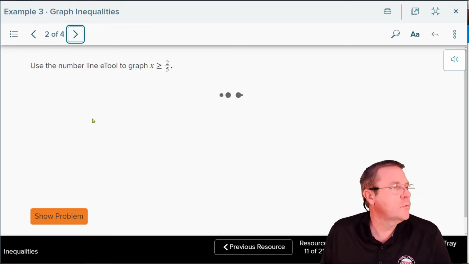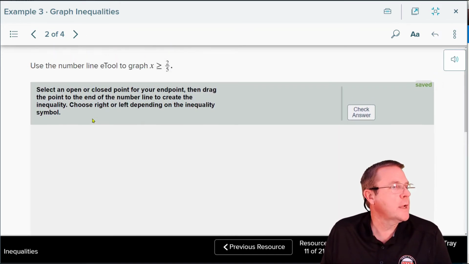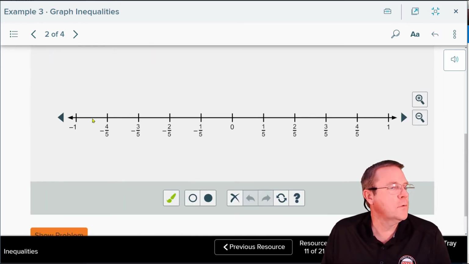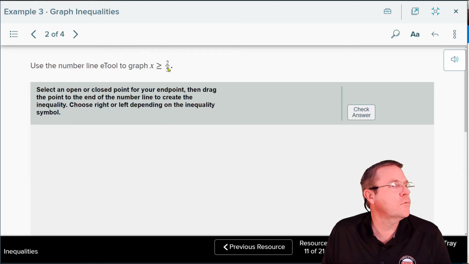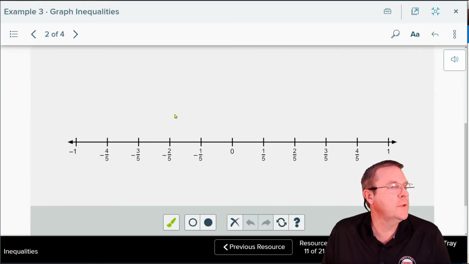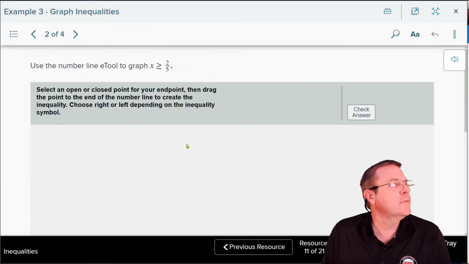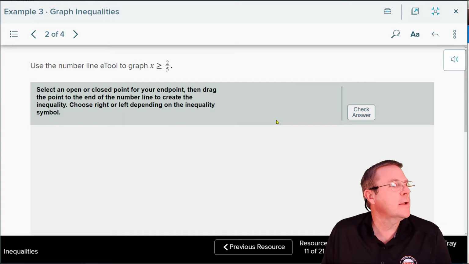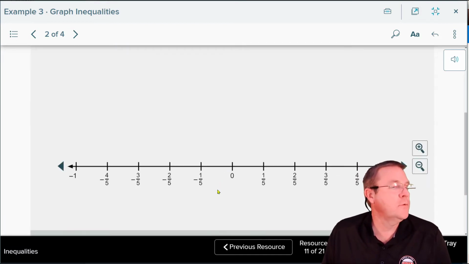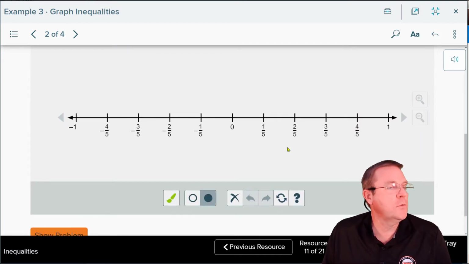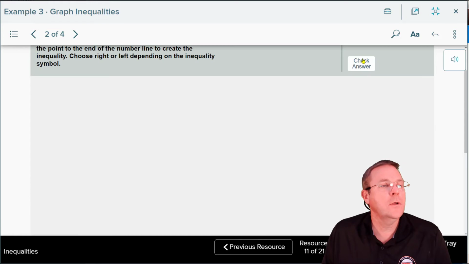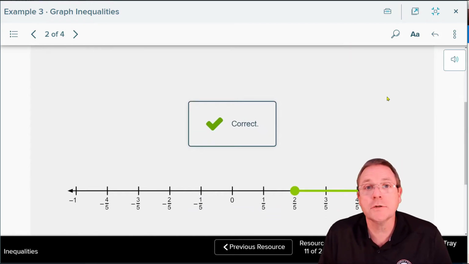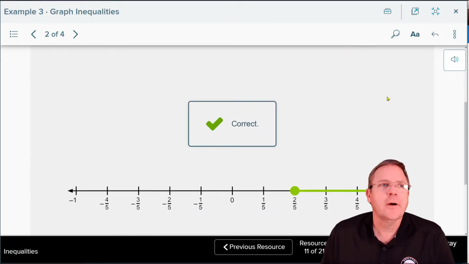Positive 2/5 is right there, and x is going to be greater than positive 2/5 or equal to it, so we're going to use a closed circle on positive 2/5, draw our arrow to the right, and let go. Check our answer. The answer checks correct. Easy math.